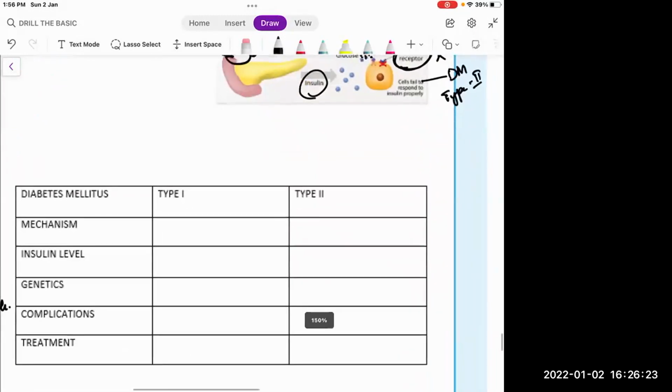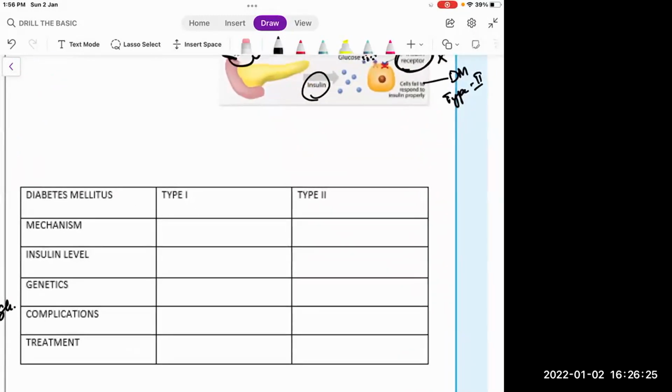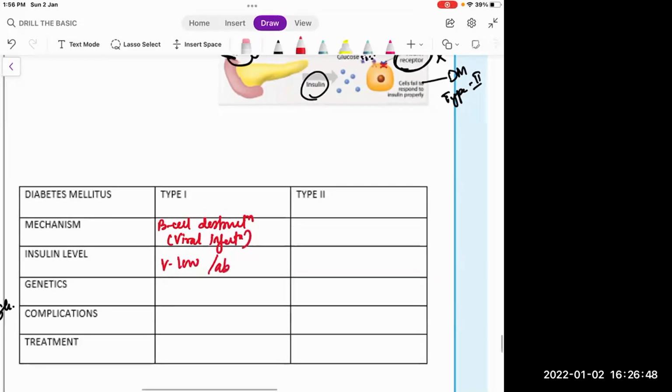So know the difference between type 1 and type 2 diabetes mellitus. If you want to tabulate the differences, the mechanism in type 1 is beta cell destruction. The cause may be viral infection. There is no beta cell at all in the pancreas, so the insulin level is very low or absent.